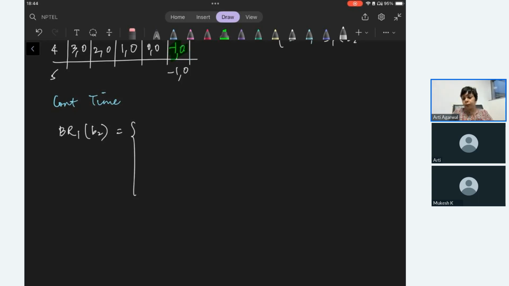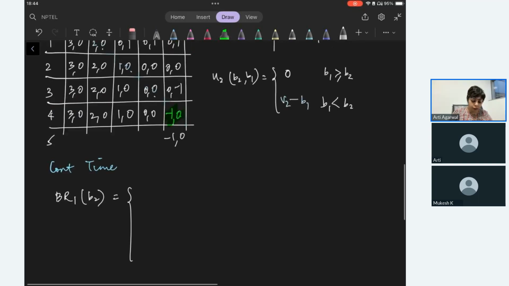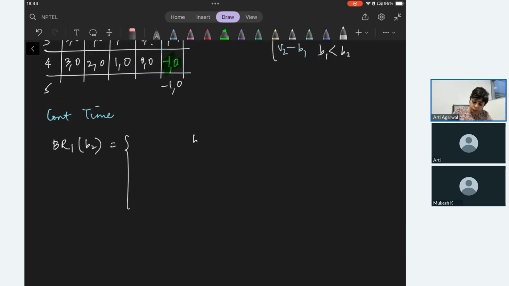What somebody plays is based not just on what they play, but on what the other guy is going to play. That is why it's game theory. So I think I have explained this. If V2 is greater than V1, which is exactly what we're trying to characterize over here, then V1 will bid less than V2 because he doesn't want to pay negative. But you cannot eliminate that case, is all I'm saying.